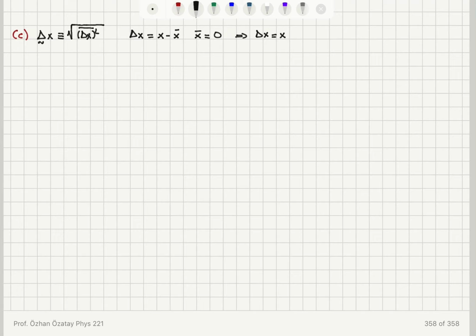So delta x squared bar is basically x squared bar, and the standard deviation must be equal to the square root of x squared bar, the average value of x squared. Now what is this square root of x squared bar? That's our question here.